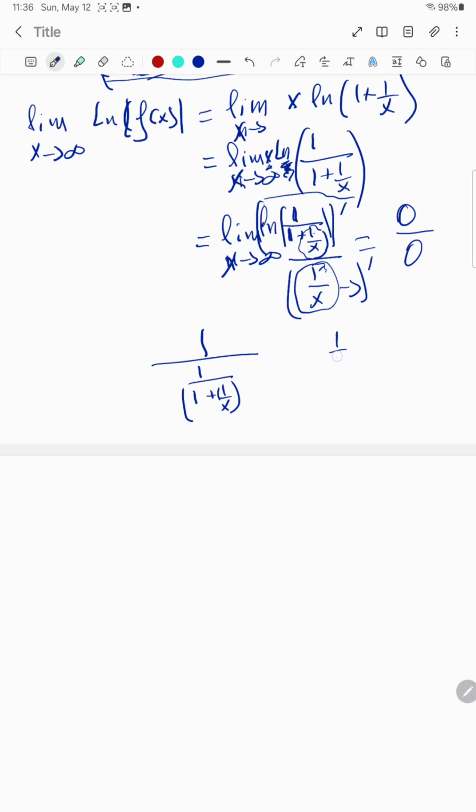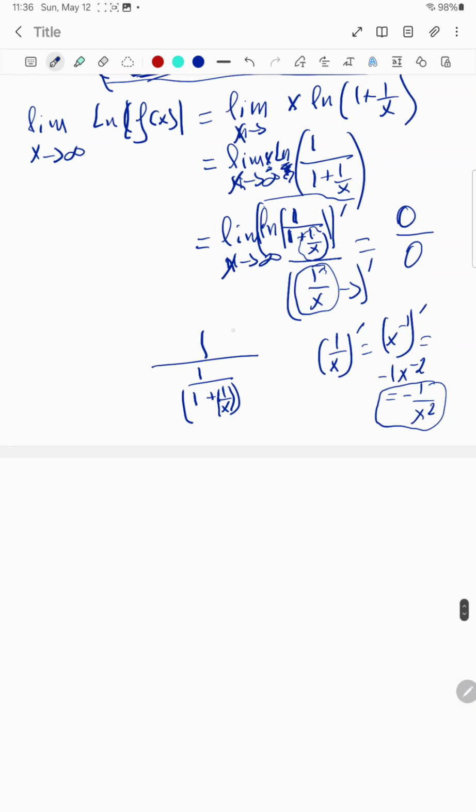and the derivative of 1 over x is x to the power of minus 1, and this is equal to minus 1 times x to the power of minus 2, so it is equal to minus 1 over x to the power of 2. So the derivative of 1 over x is this. I have to multiply it by the derivative of 1 over x, which is minus 1 over x squared.